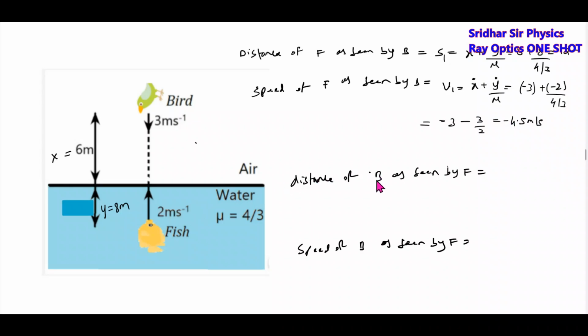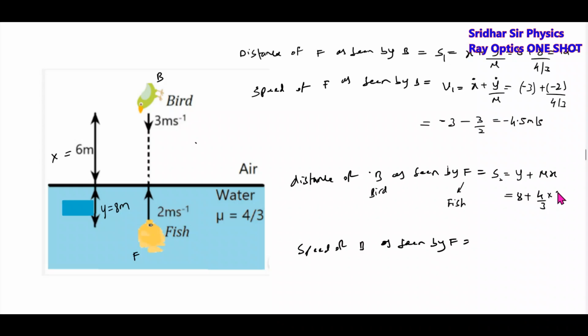Similarly, distance of the bird as seen by fish. B means bird. F means fish. Then the fish is at what distance from the boundary? At a distance y. Then the bird is at a distance x, mu x. So this will be y plus 4 by 3 into x, that is 8 plus 4 by 3 into mu.